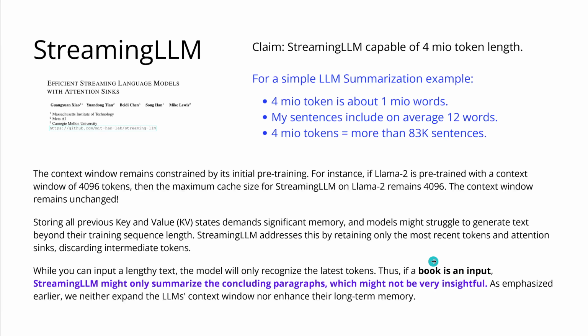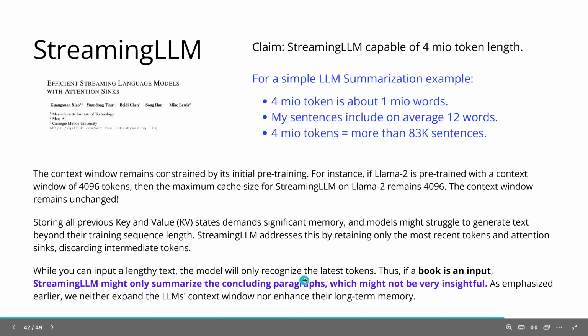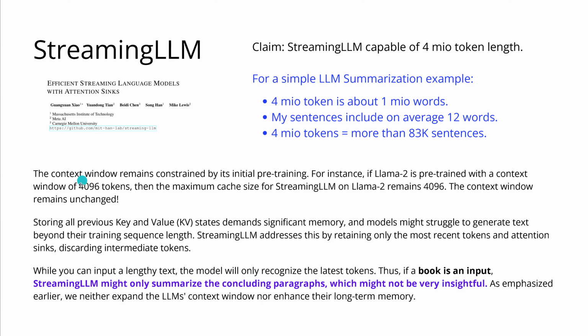Like for example, we take a book and we take the whole book as an input. This streaming LLM, and this is what they also say, might only summarize the concluding paragraph. So the last 4K tokens, which might not be very insightful if you want to understand the complete publication or the content of the complete book.